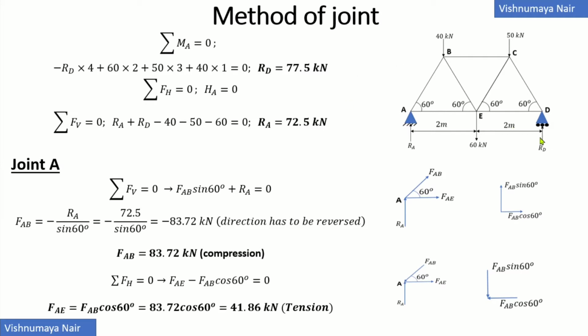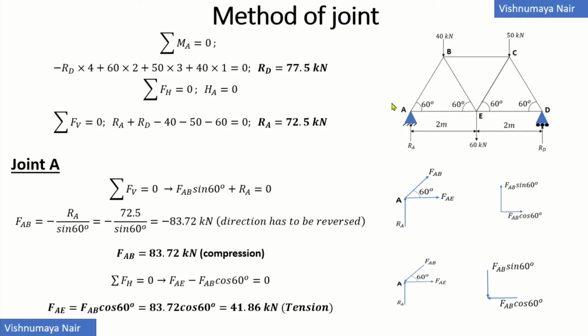Perpendicular distance between RD and joint A is 4 meters. Perpendicular distance between 50 kN and joint A is 2 plus 1, which is equal to 3 meters. Perpendicular distance between this joint A and 40 kN is 1 meter, while the perpendicular distance between 60 kN and joint A is 2 meters.